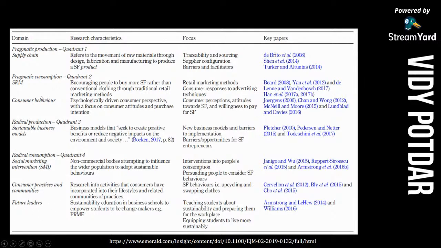So in this table, what is being conveyed is the characteristic of that bubble or that group, what is their focus, and what are some of the key research papers in that box or bubble. So you can think of creating a similar table for your paper.